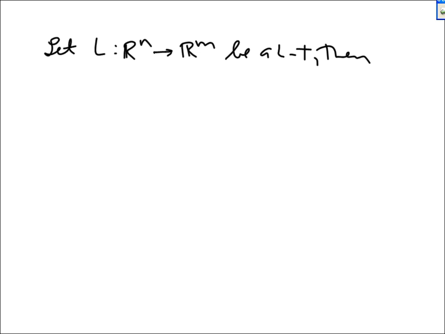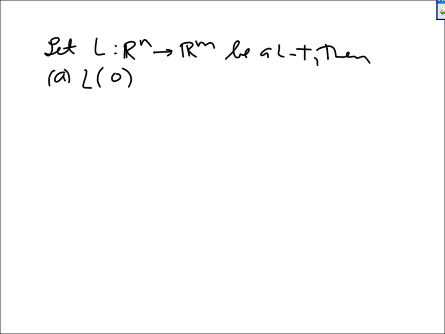Theorem statements. Let L be a mapping from Rn to Rm, which is a linear transformation. Then the following is true.